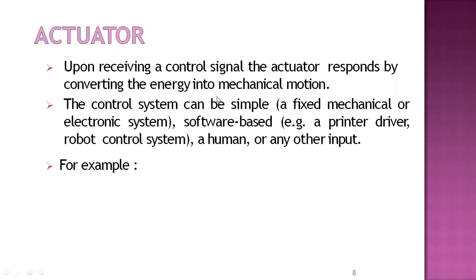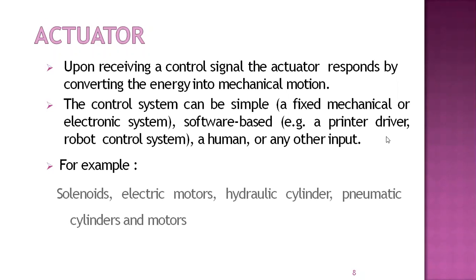Upon receiving a control signal, the actuator responds by converting the energy into mechanical motion. The control system can be simple, like a fixed mechanical or electronic system, a software based example like printer drivers, robot control systems, a human or any other input also.